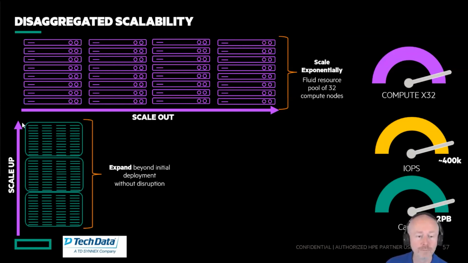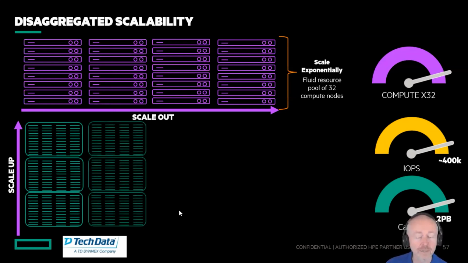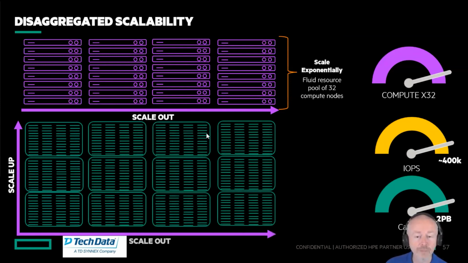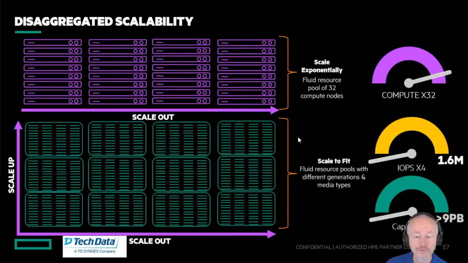This is one Nimble controller shelf with some disk shelves. Now with Nimble and Alletra 6000, remember that we have also scale out. So you can add a second, a third, and a fourth controller. And so you're going to create a cluster of 4 of them. And so now performance goes up and the capacity goes up as well. How cool is that?